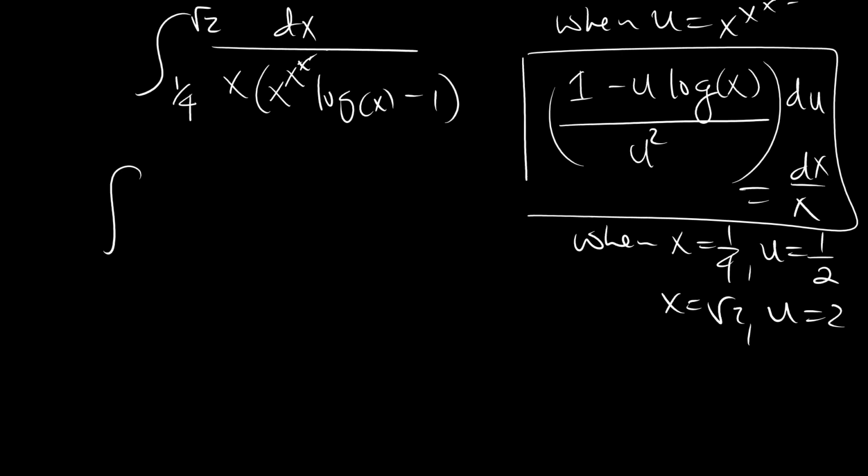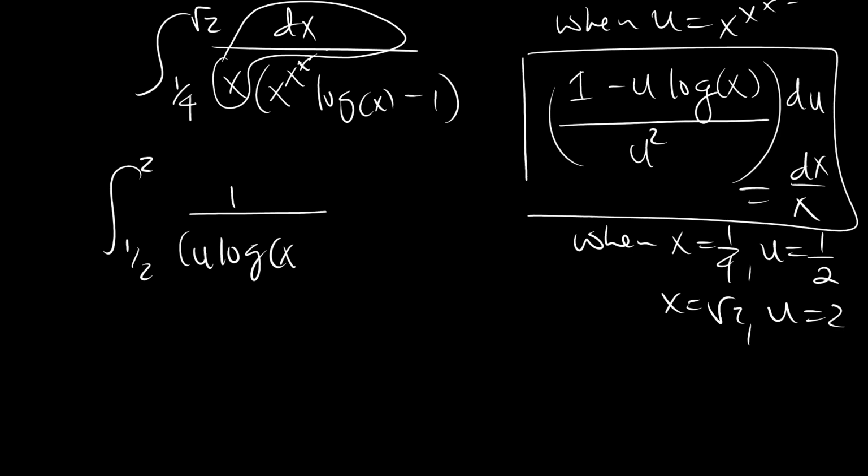So our problem becomes, and this is important, we can pull it the other side, and we have u log x. We have chosen to keep that log x there for a specific reason. And in place of dx over x, we can have negative u log of x minus 1 over u squared du.